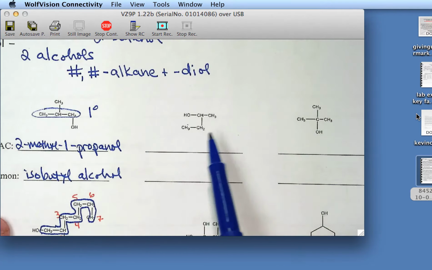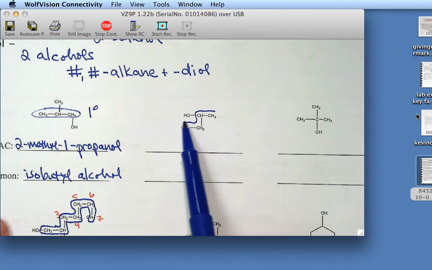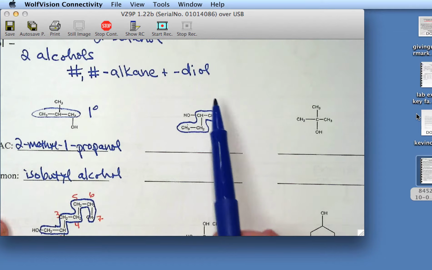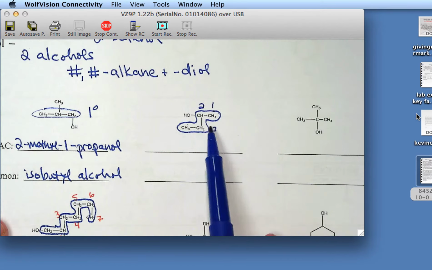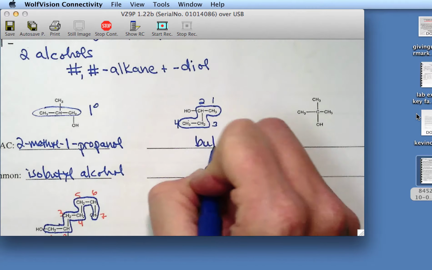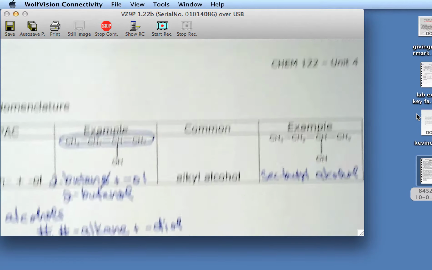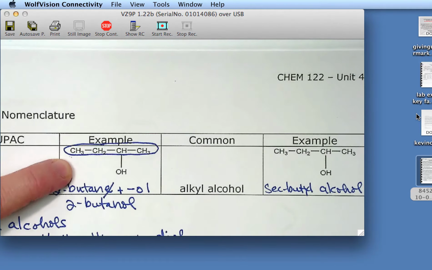All right, this second structure, IUPAC, longest continuous chain of carbons is 4. We're going to number this way. So be butane, but it's butanol. 2-butanol, which is the same as the one we did up here.